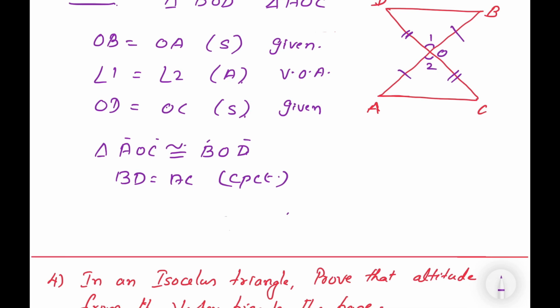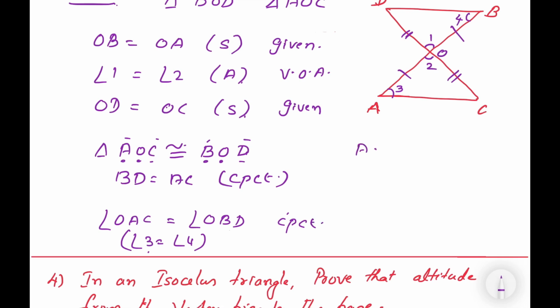Now we also have to prove AC is parallel to BD. So we need alternate interior angles to prove it is parallel. For that we will check whether angle OAC is equal to angle OBD. You have to write it in the same sequence. So angle OAC is equal to angle OBD. Suppose I am writing these as 3 and 4. We got angle 3 equal to angle 4, CPCT again.